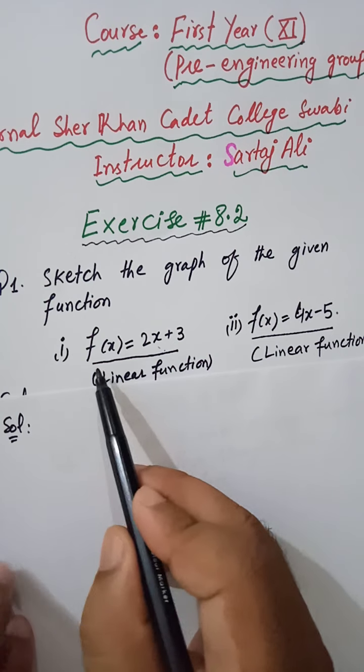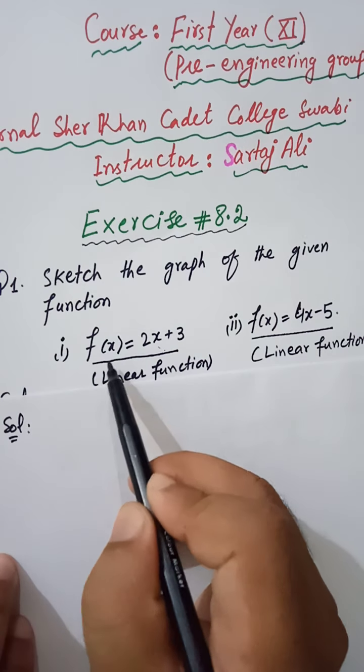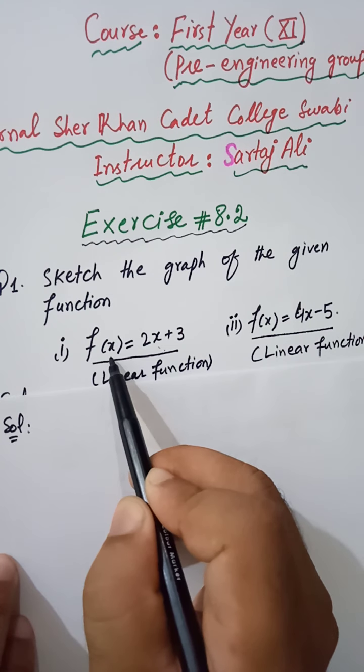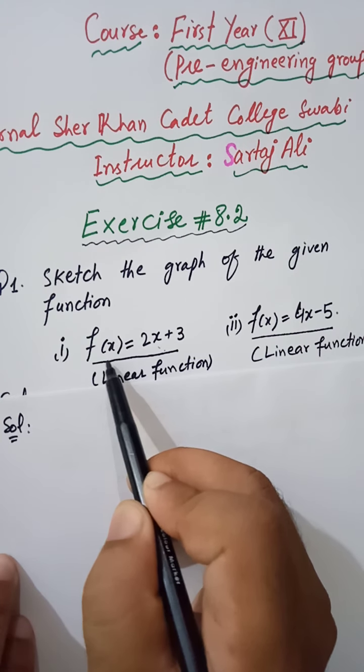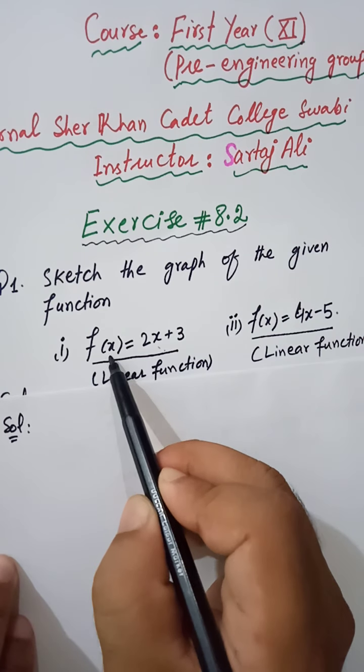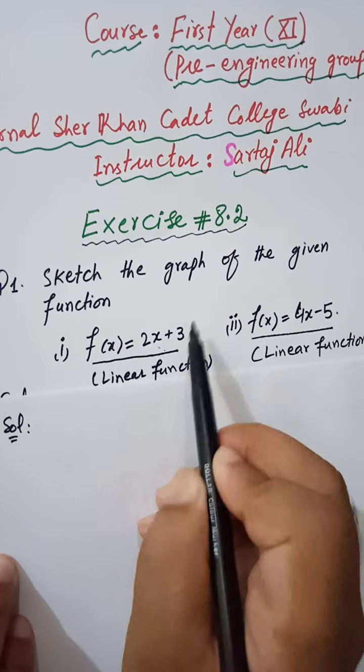Now how can you get values of x to put in place of the argument, and to get the value of y according to that x? This x is actually the domain. So what is the domain of this function?